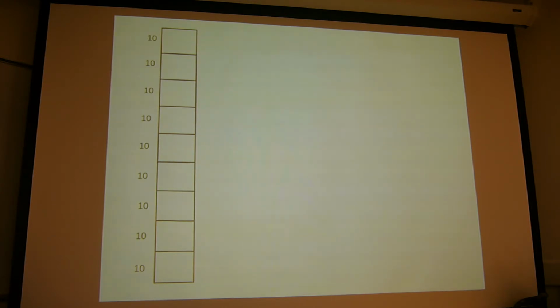So let's assume here this is a different energy level, and each box has 10 available states for the electron. This is a different energy level, but each level can hold at most 10 electrons.